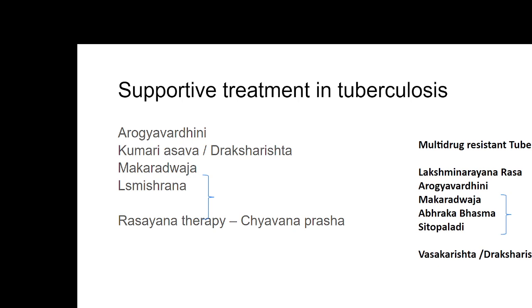But if the patient has other conditions, to support the condition, what I would prefer is Arogyavardhini, Kumariyasava, Makardhwaj, Lavang Mishran or Rasayan therapy like Chyavanprash. If the patients have become resistant to multi-drug therapy, the treatment can be somewhat with our treatment like Lakshminarayan, Arogyavardhini, Makardhwaj, Abhrak Bhasma, Sitopaladi, Vasakarishta or Draksharishta, which could help in ameliorating the symptoms, though I don't say curative.